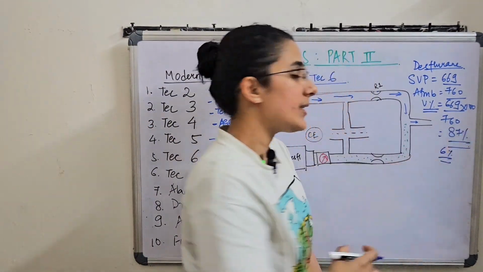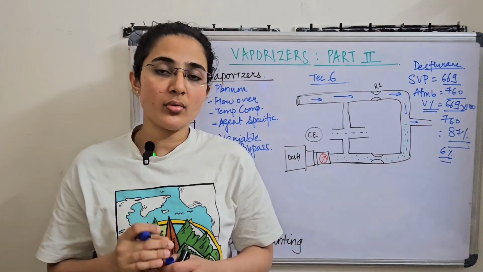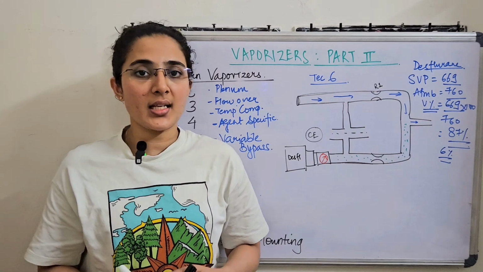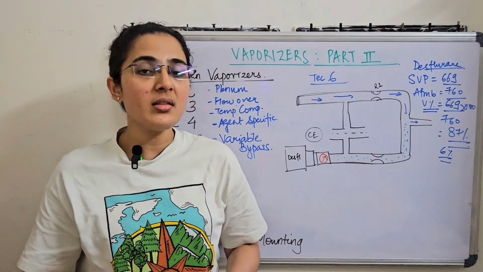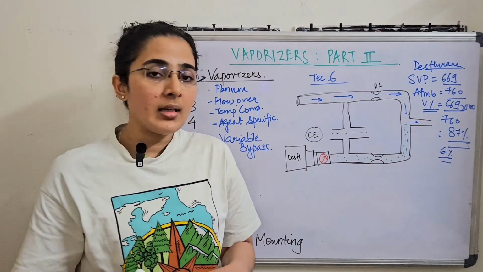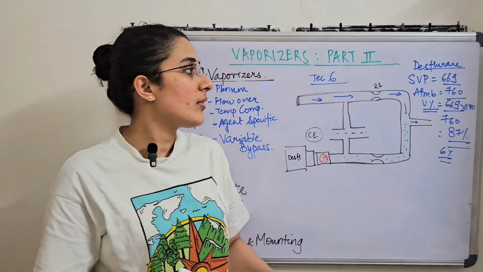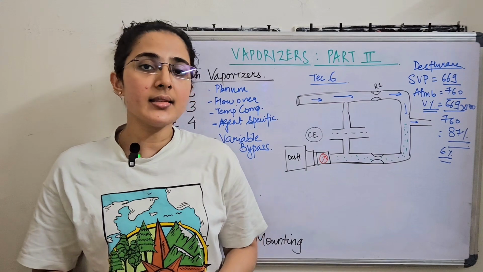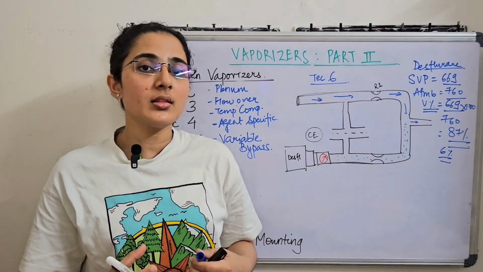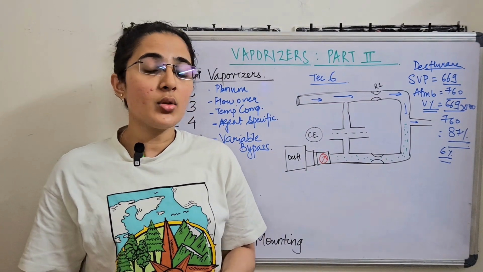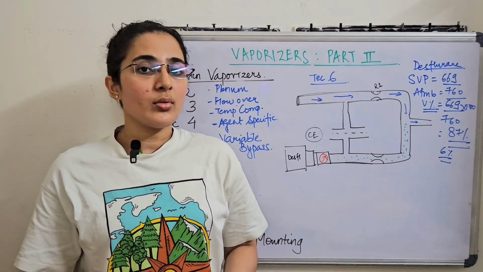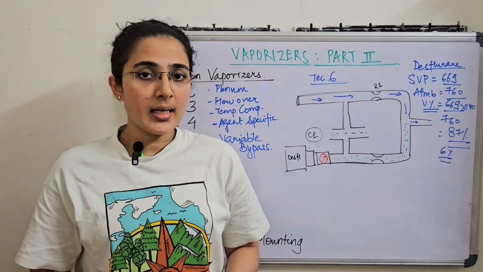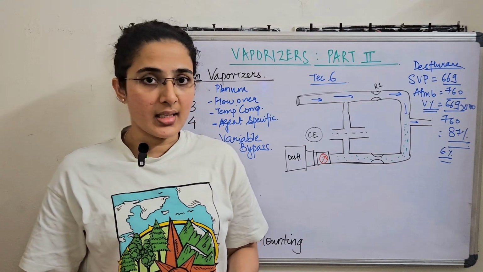To make this 87% into 6%, you require very high gas flows, which is not possible with our machines. In order to overcome this, the Tec 6 vaporizer increases the pressure of the vaporizer itself to 2 atmospheres, so that we are able to deliver desflurane at a clinically useful volume percentage.